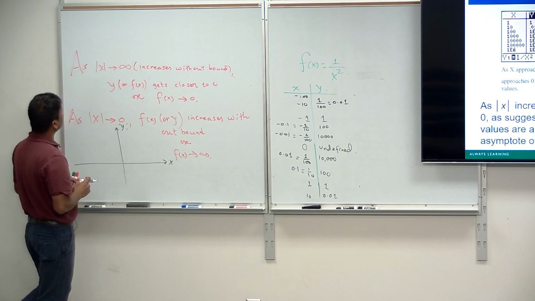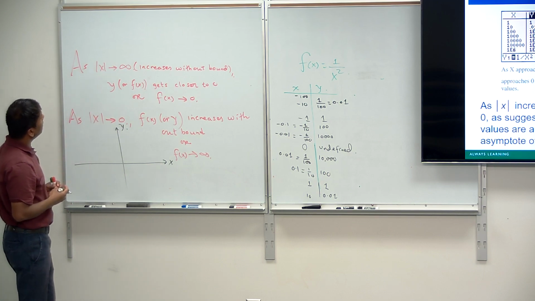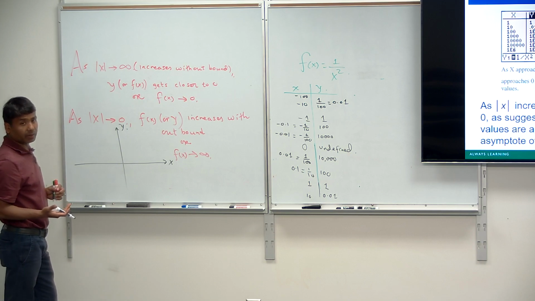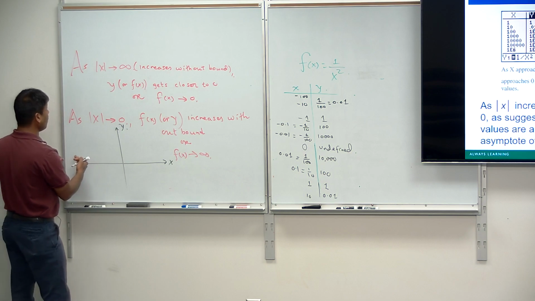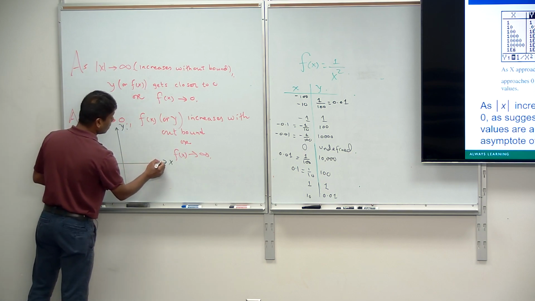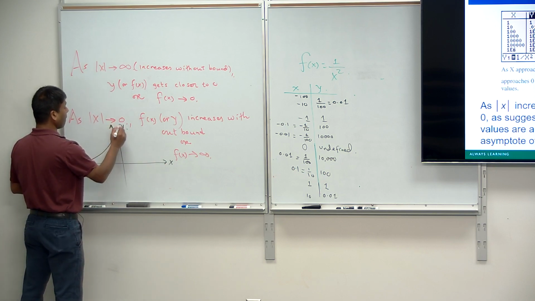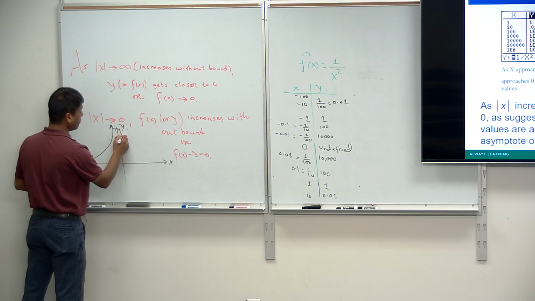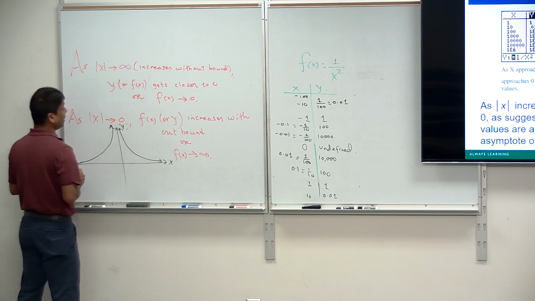You remember, as the absolute value of x approaches infinity, your f(x) gets closer to 0. So it will be closer to 0 here, and closer to 0 here. You'll have a graph like this.